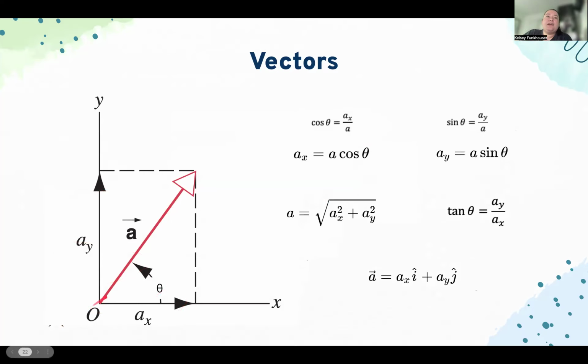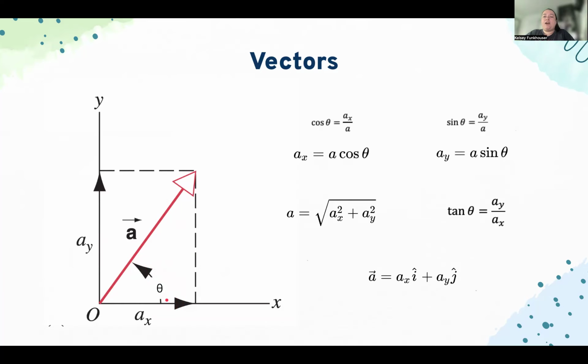We have our vector here in red, and vectors are labeled with this arrow on top of them. So our vector A here in red, and then we also know the angle that A is from the x-axis, and that's angle theta, from the positive x-axis.